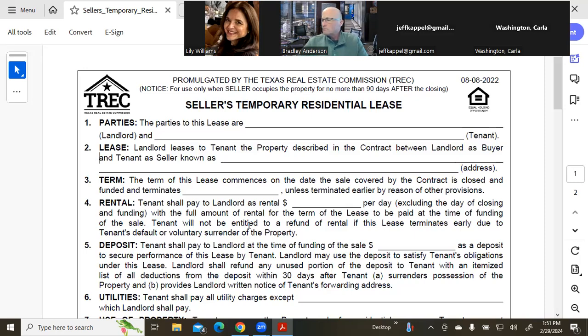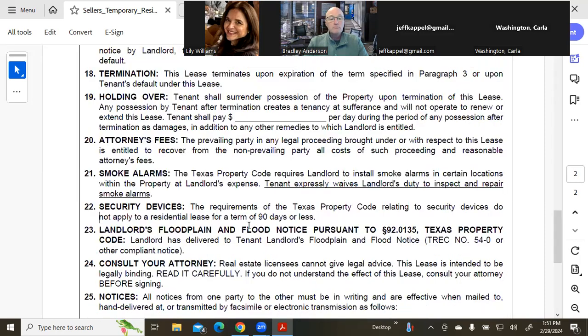Item 19, Brad, the holdover amount. I say you want to keep that, you want to make that pretty stiff, like $500 a day or something pretty significant. Good point. So to Jeff's point, this is when they don't move out. Tenant shall surrender possession of the property upon the termination of the lease.